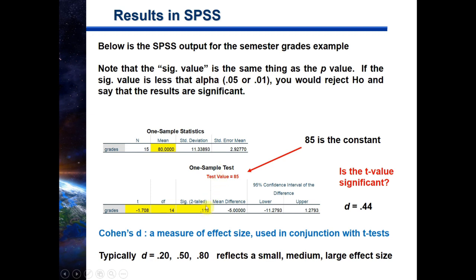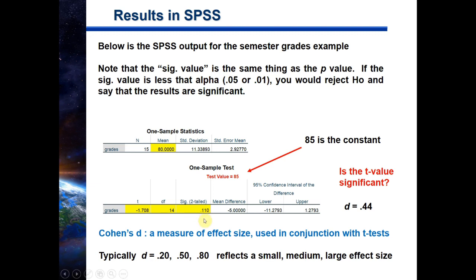But here, this is 11%. So there's up to an 11% chance of making a type 1 error if we reject H0. So what are we going to do? We're going to retain H0, right? And say that the results are not significant.